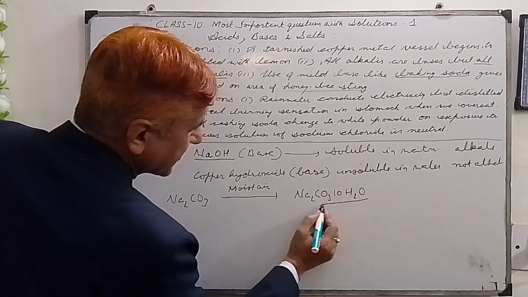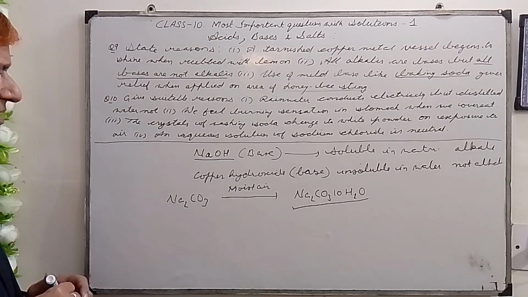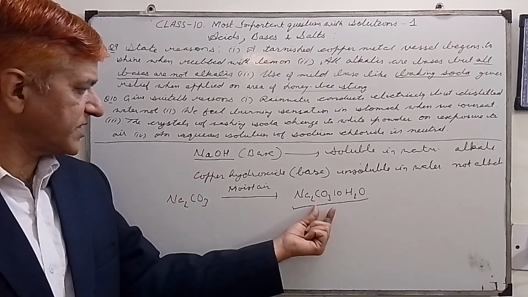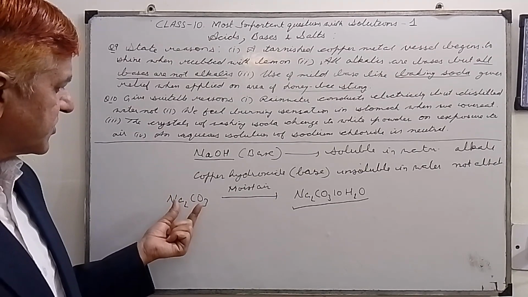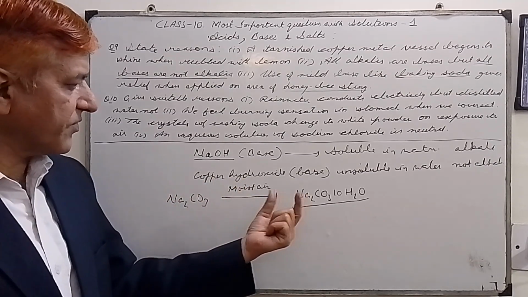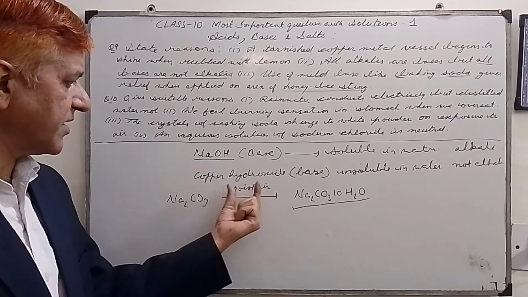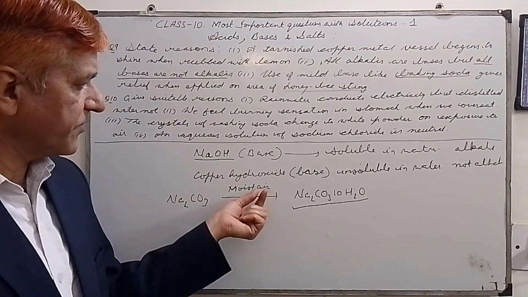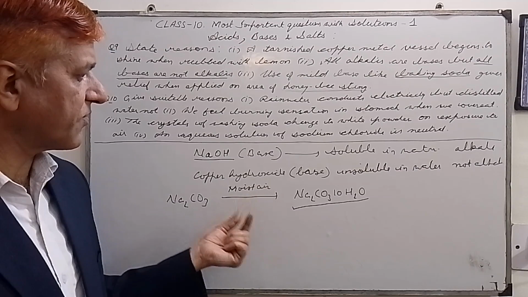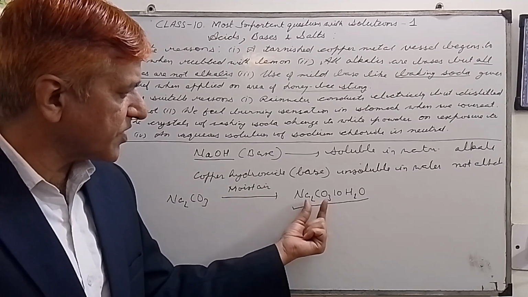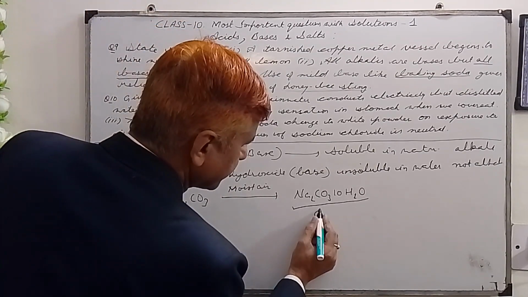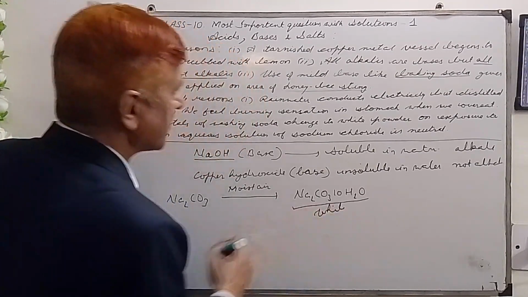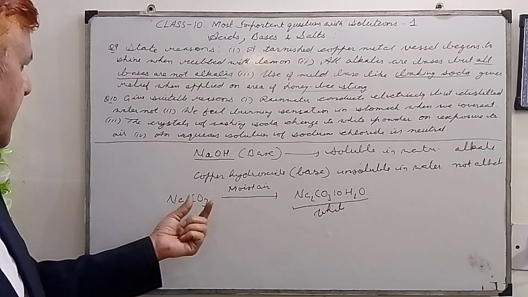This is hydrated washing soda, sodium carbonate. So when sodium carbonate or washing soda is kept in air, it reacts with water vapors of air, and hydrated sodium carbonate is formed, which is white in color. So the reason for this question is that it will react with air.